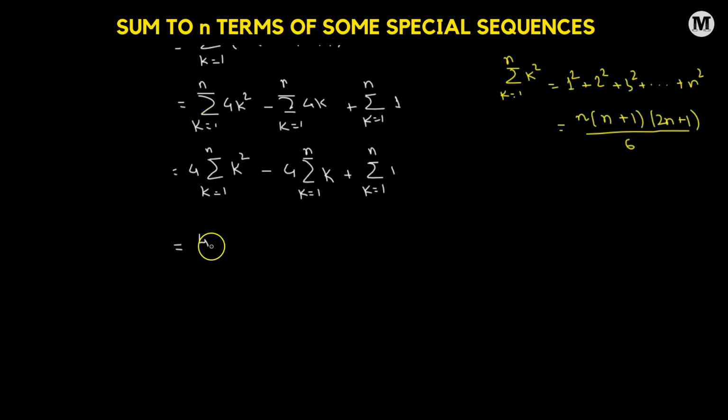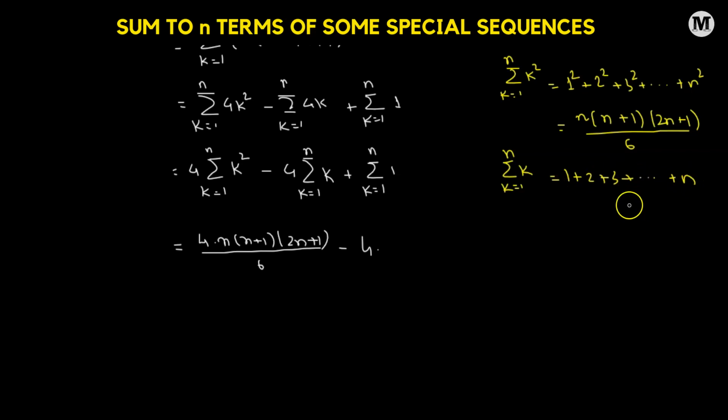So we have 4 multiplied to n times n plus 1 times 2n plus 1 whole divided by 6, minus 4 multiplied to, now what is summation of k, where k runs from 1 to n? This means we have 1 plus 2 plus 3 all the way up to n, and this is the sum of the first n natural numbers. The standard formula is n times n plus 1 over 2.